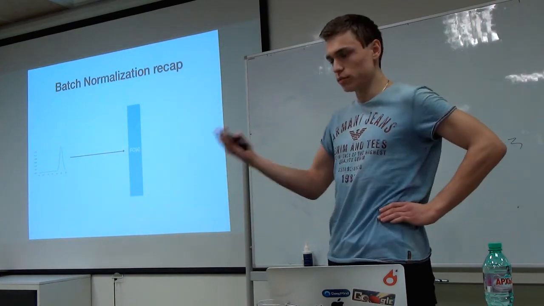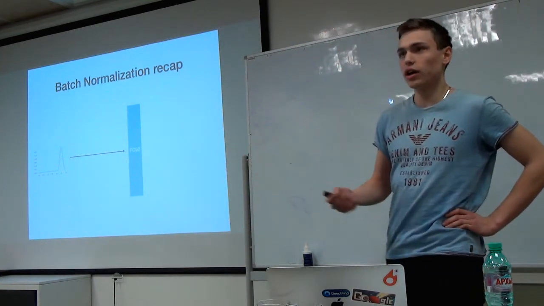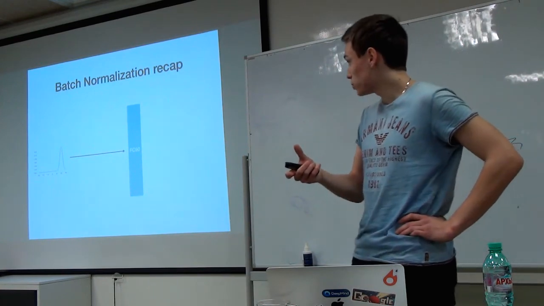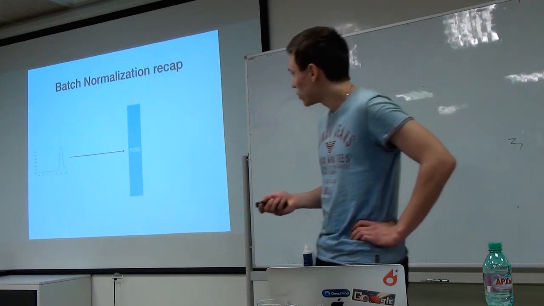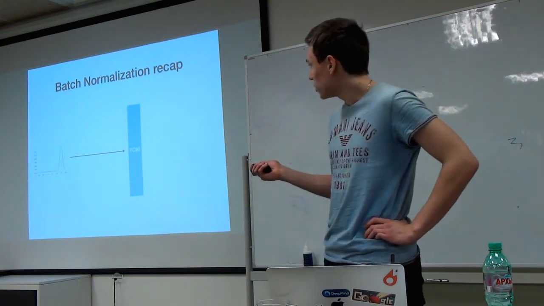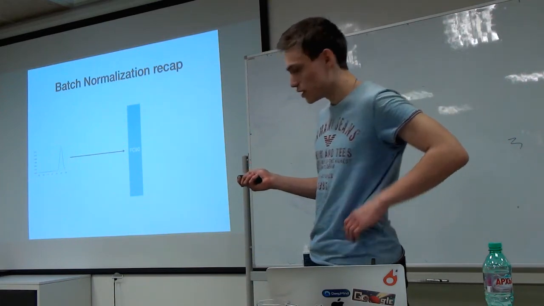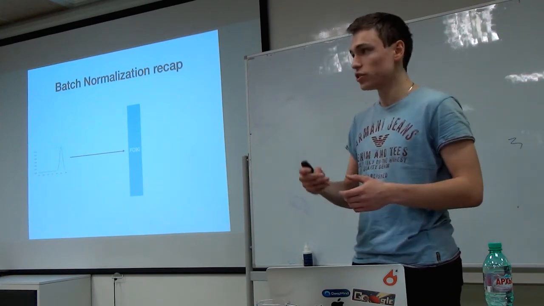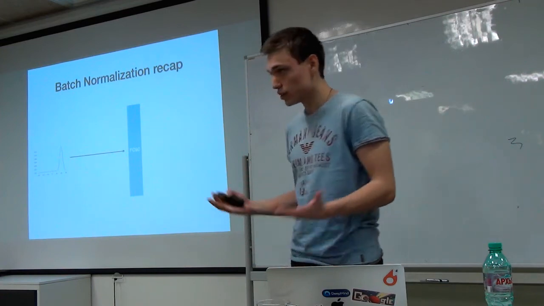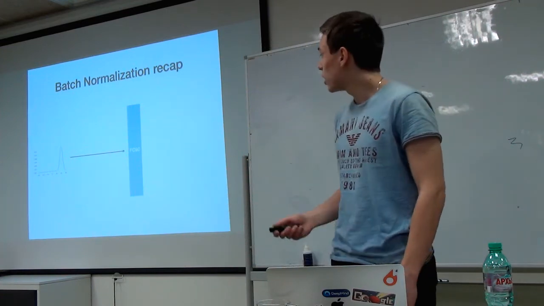To train the neural network, we take a batch of inputs and pass them through the network. The input to the last layer, the distribution over one hidden unit over the batch, looks like that.